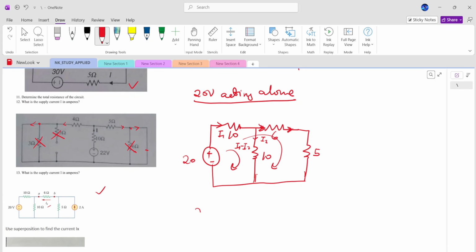we are going to have 20 is equal to 10 I1 plus 11 I2, right? Then if we take the loop for this, 20 is equal to 10 I1 plus, sorry, this side was 4, right?